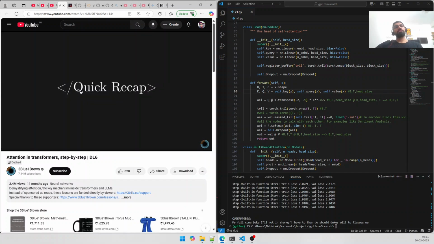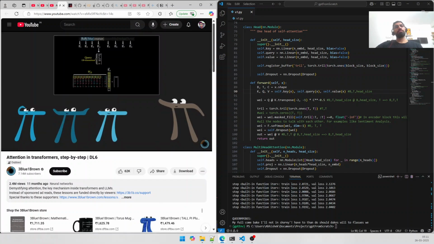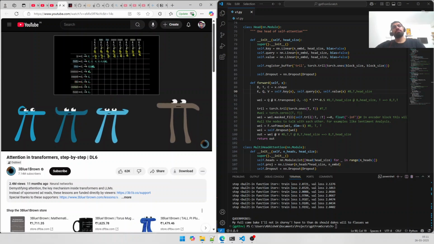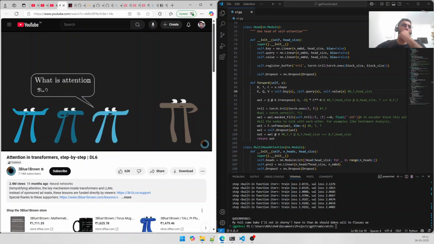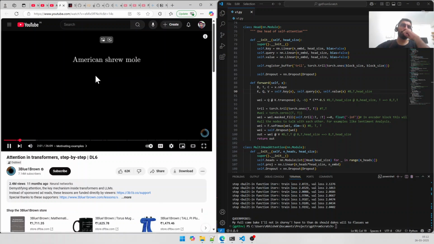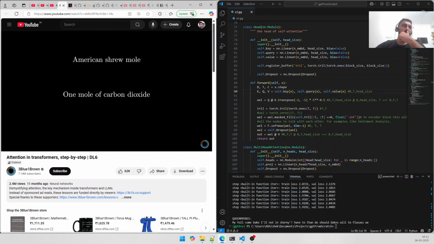I should say up front that a lot of people find the attention mechanism, this key piece in a transformer, very confusing, so don't worry if it takes some time for things to sink in. I think that before we dive into the computational details and all the matrix multiplications, it's worth thinking about a couple examples for the kind of behavior that we want attention to enable. Consider the phrases American shrew mole, one mole of carbon dioxide, and take a biopsy of the mole.